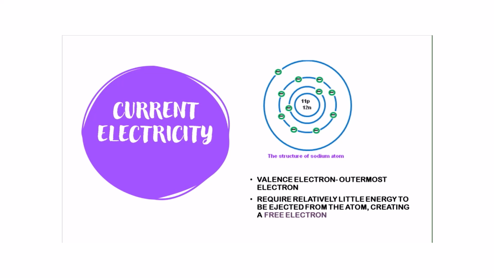All the conductors, for example metals, have some electrons which are loosely held by the nuclei of their atoms. Consider the atomic model of sodium atom. Sodium is a metal. In its balanced state, it has 11 protons in its nucleus, an equal number of electrons orbiting around it.